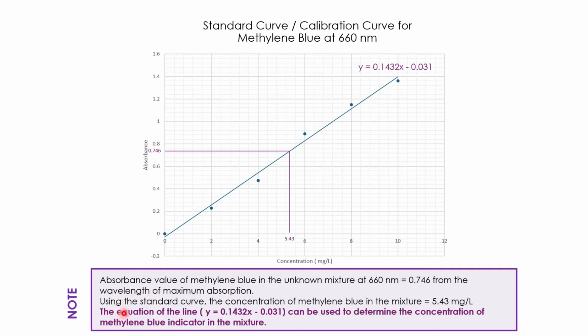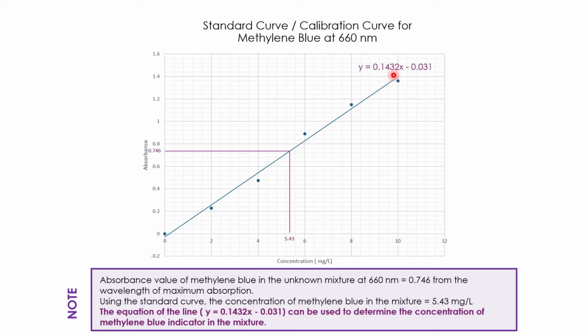So when we are done with this, we just make x the subject in this equation and put the value of the absorbance obtained as y into this equation over here. So if we want to extrapolate or determine the concentration of the methylene blue in the unknown mixture, we'll just make x the subject, and x will be y, which is 0.746, plus the intercept 0.031, all divided by the slope, which is 0.1432.